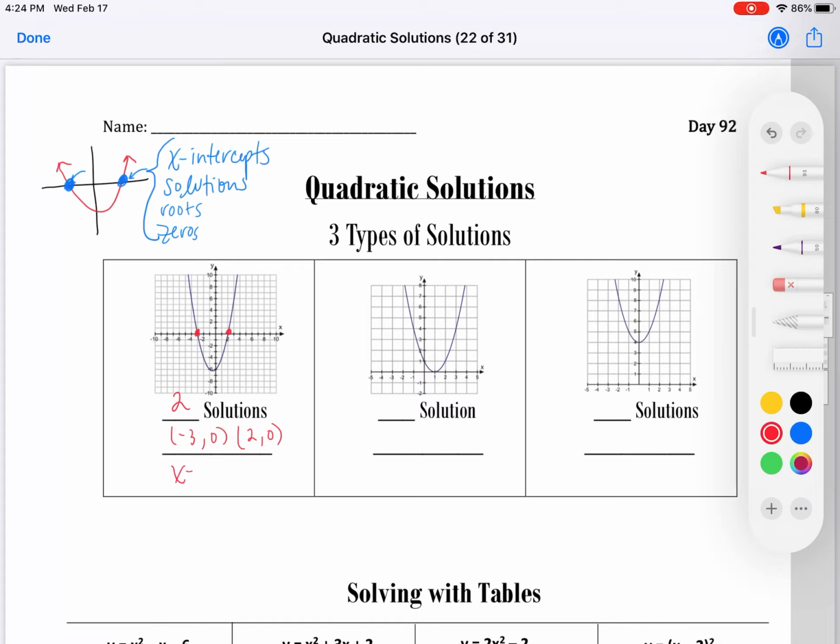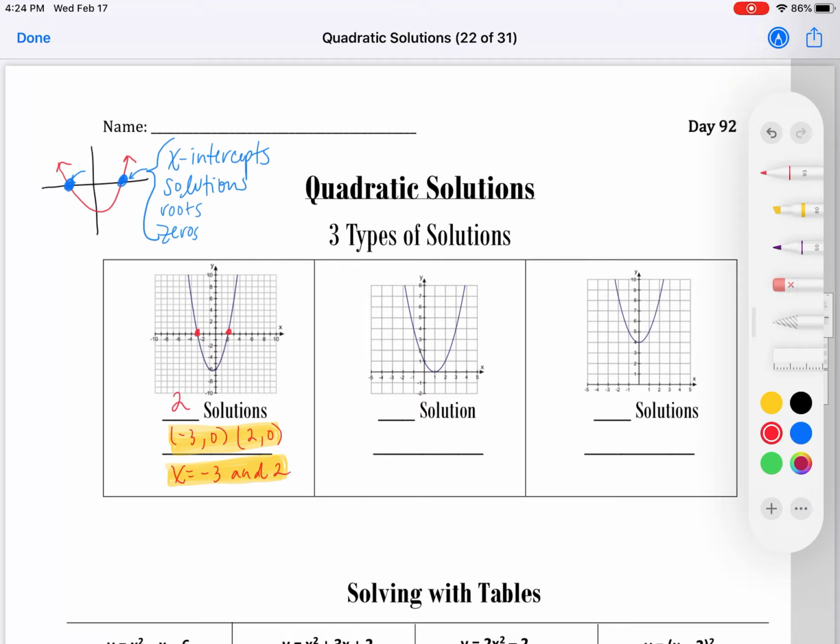That can also be written as x equals -3 and 2. So sometimes solutions are written as ordered pairs, because that's where it touches the x-axis, and other times it's just written as the numbers, the x's: the solutions are -3 and 2. You can write it either way, and that would be the correct answer.